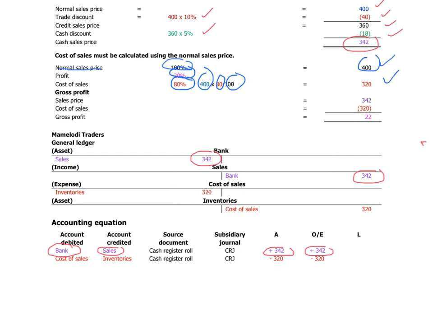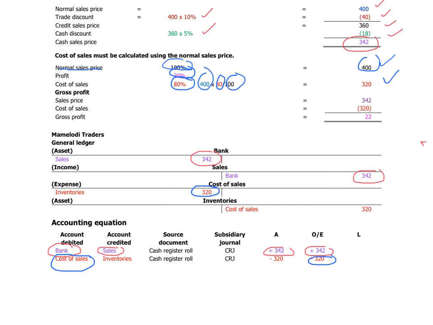I will record this 320 Rand and show that cost of sales account is debited because expenses increase on the debit side. So in the accounting equation, I will debit cost of sales, show that the profit decreases with 320, so the profit and equity will decrease with 320.